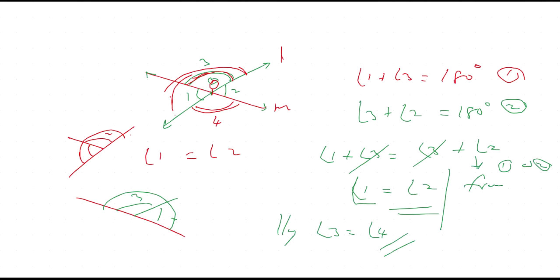If two lines intersect each other, then the vertically opposite angles are equal. I think you understood this one. Using this property, many questions are there.